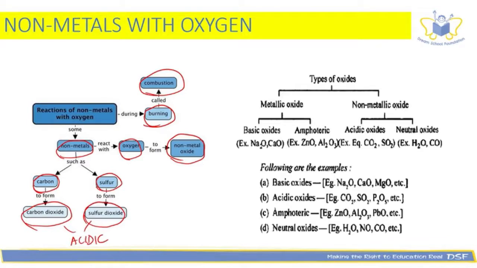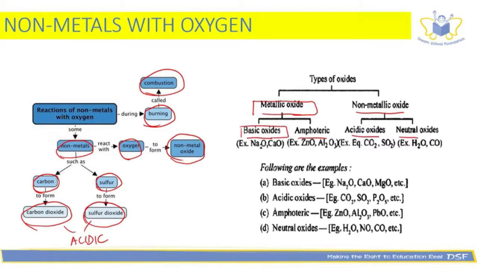Let us look at the types of oxides. So you have the metallic oxides and non-metallic oxides. These oxides can be basic, amphoteric, acidic, or neutral in nature. If you can see here, in metals there can be two types. One is basic in nature.